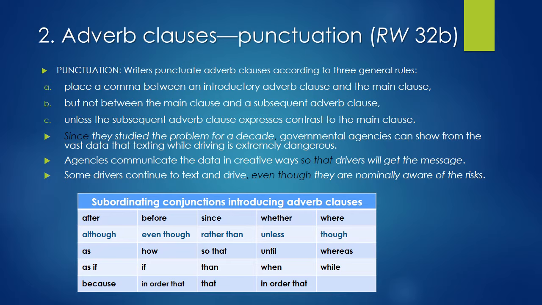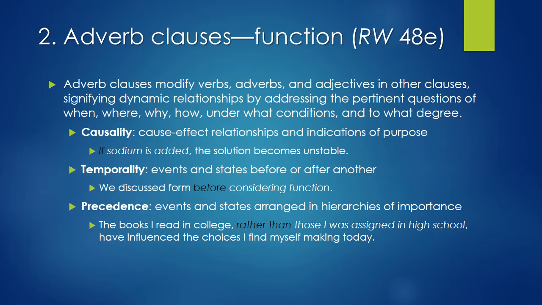And third, some drivers continue to text and drive, comma, even though, and that's my adverb clause expressing contrast, even though they are nominally aware of the risk. And again, writers do well to become familiar with the subordinating conjunctions in the table at the bottom.